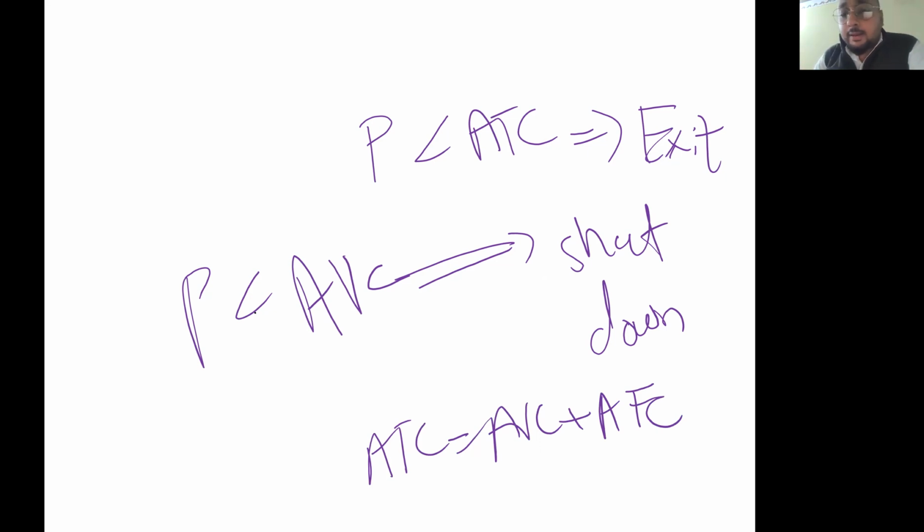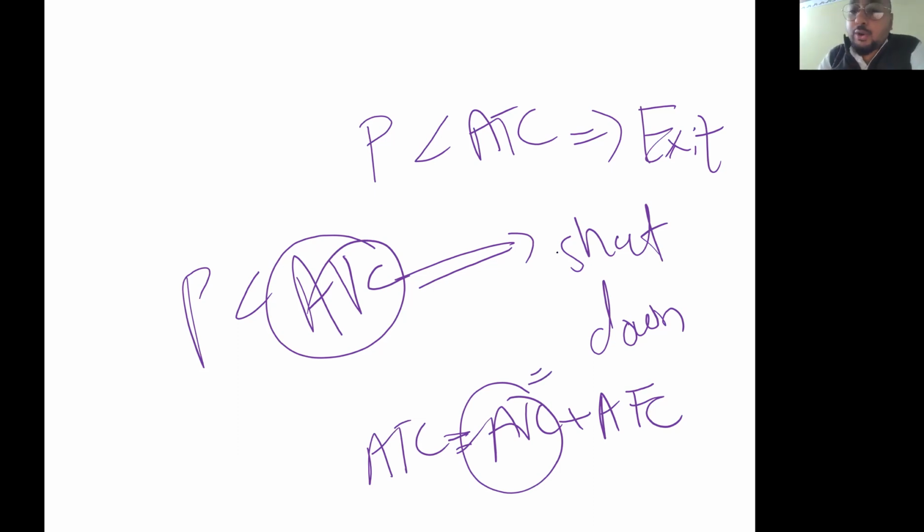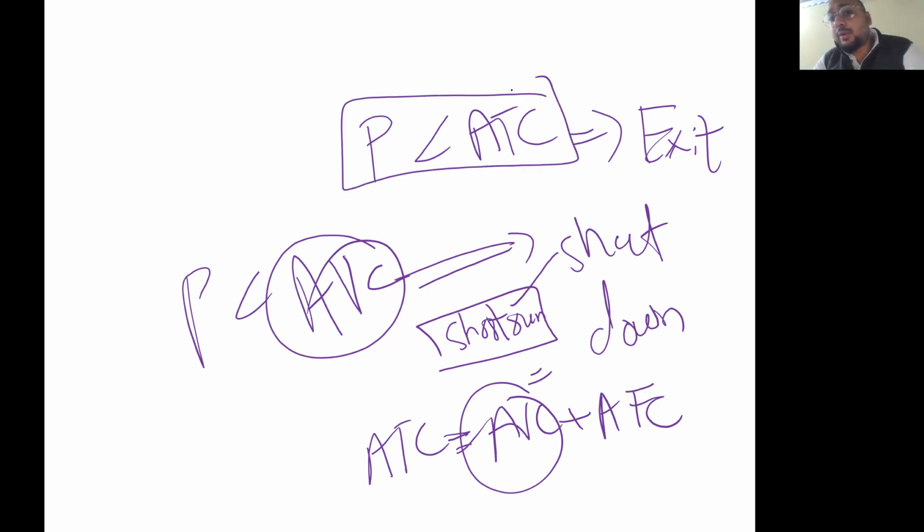Even if your price is less than your variable cost, but for the short run, for a short period of time, like a month or 2 months or 6 months, less than a year, that is fine. But if you see that you cannot make profit, or your price is less than your average total cost for a longer period of time, then you permanently decide you should exit the market. So exit is a long run strategy.